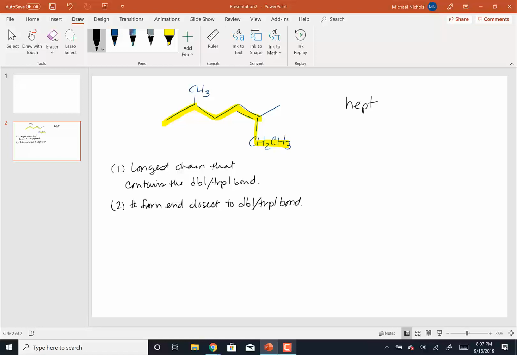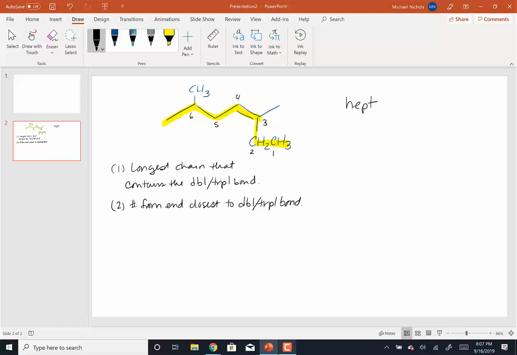Okay, not the substituent, but the closest end to the double or triple bond. So in this case, if I numbered from left to right, I would go 1, 2, 3, and my first carbon in the double bond would be 4, whereas if I come over here and go 1, 2, 3, I've now hit the double bond in 3 carbons. So I would number from right to left.